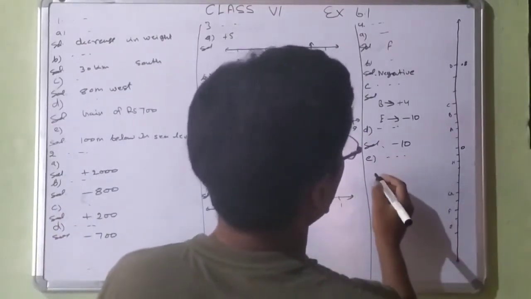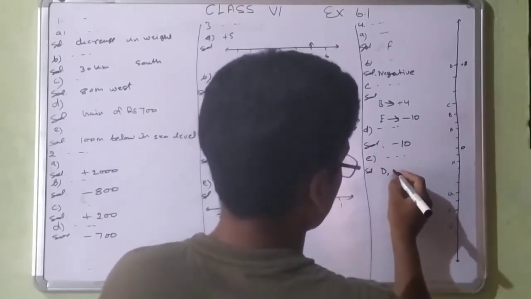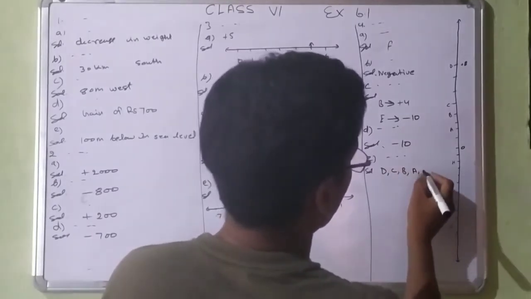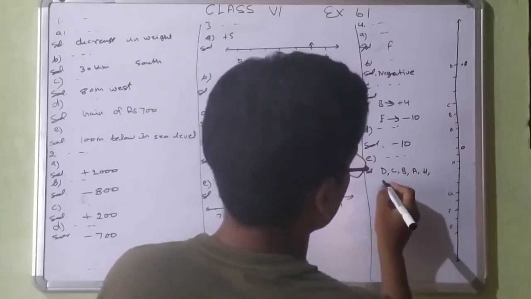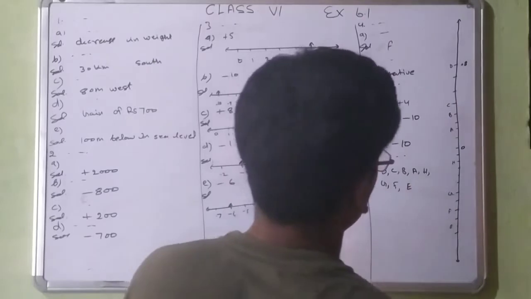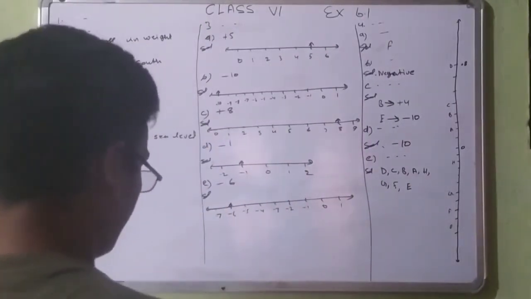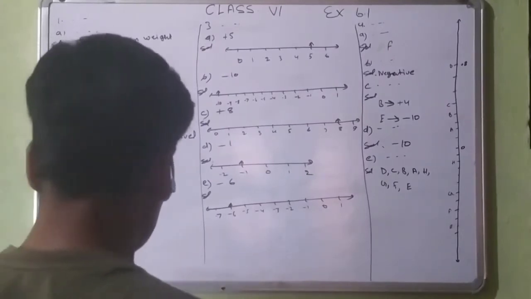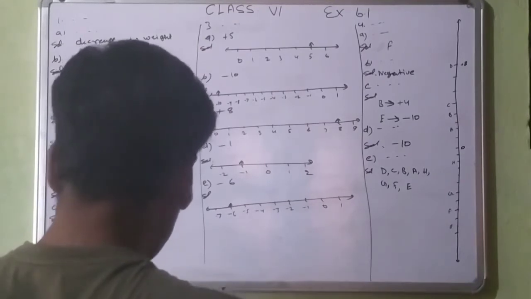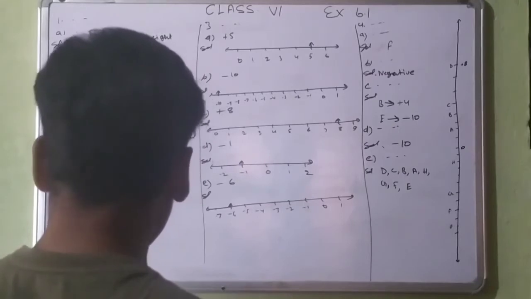That is D, then C, then B, A, H, G, F, E. Decreasing means up to down. Write it. Again see, decreasing means up to down.